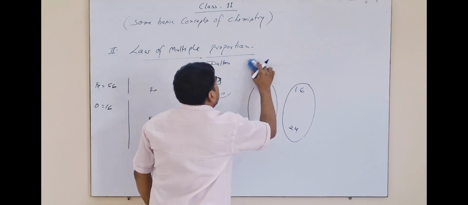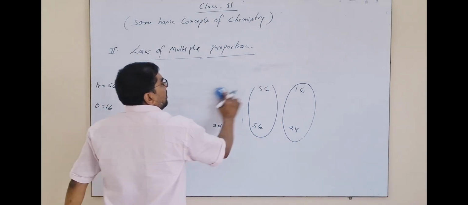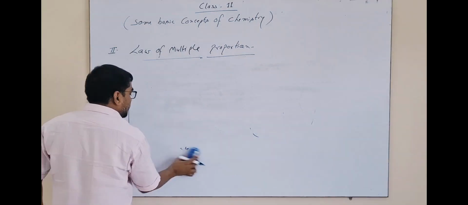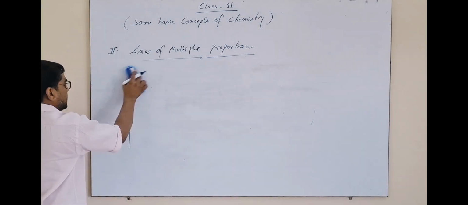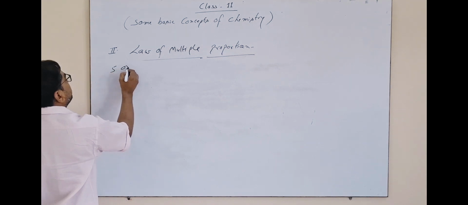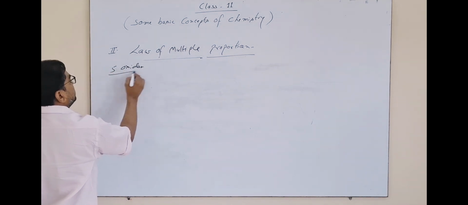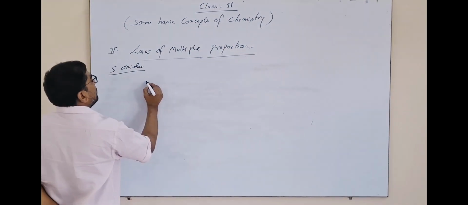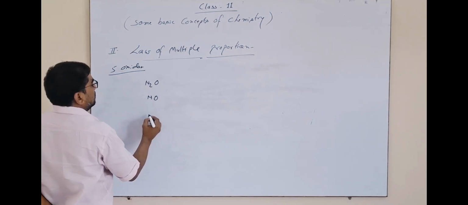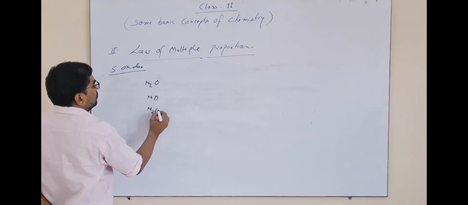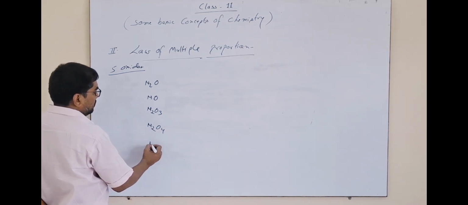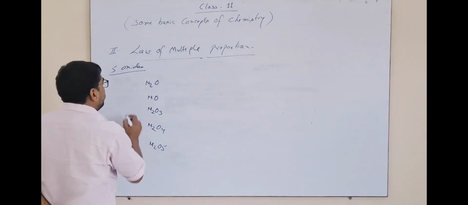Now another example from oxides of nitrogen. As we know, nitrogen forms five oxides. Five oxides that are N2O, NO, N2O3, N2O4 and N2O5.